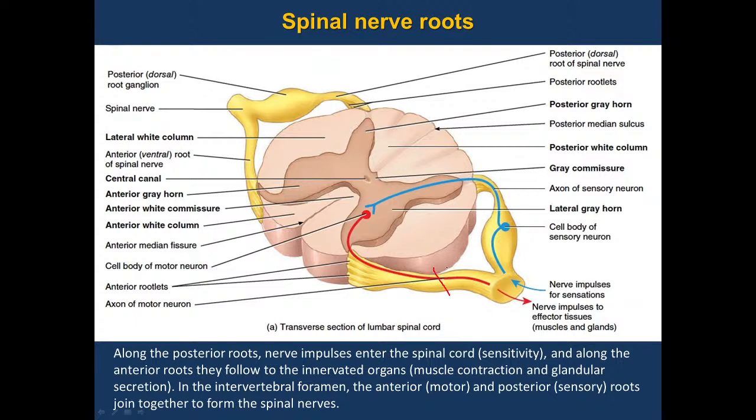Take for instance this level here. Muscles will not move, and the glands will lose the ability to secrete anything. This situation we call denervation or paralysis. It's a bad situation actually.